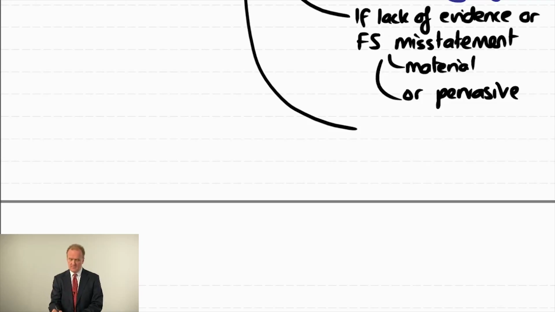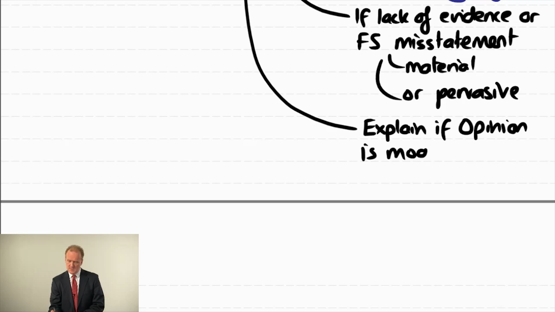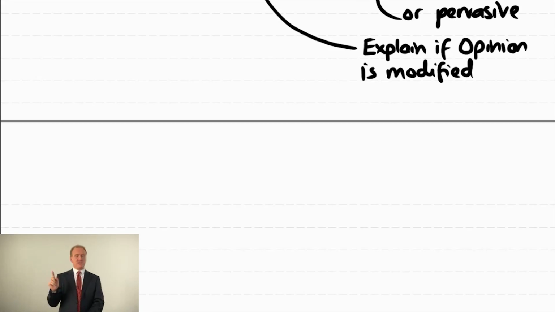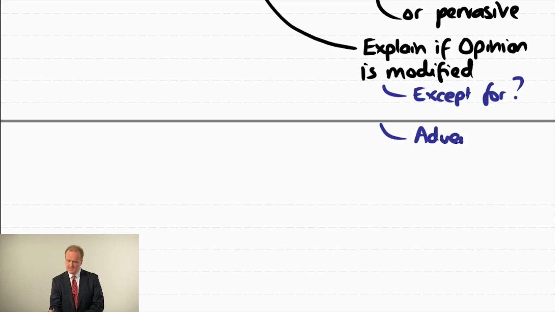Third thing. Are you going to modify the opinion? Remember, you're only going to modify the opinion if there's a lack of evidence or a misstatement. And at this point, you need to argue, based on what you've said so far, is it going to be except for? Or is it going to be adverse?